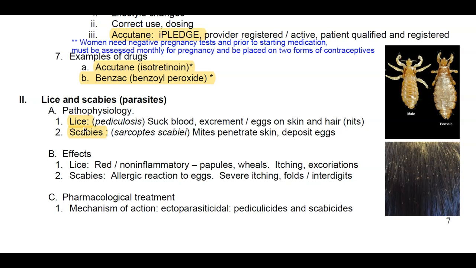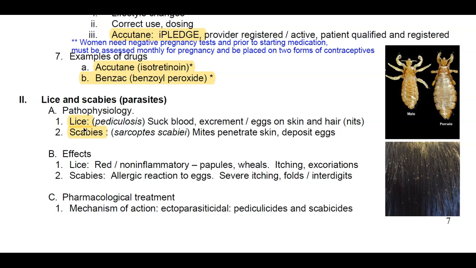So the effect of that, so lice, mainly it's a reaction to the sucking of the blood and also the excrement and the eggs. It causes some redness. Sometimes it causes papules, formation of some lesions or wheals. So it causes itching and excoriation on the scalp, or wherever it is, because sometimes it's not only the scalp, because you can also find lice anywhere else where hair is present.